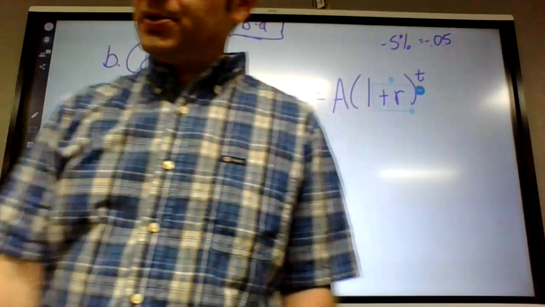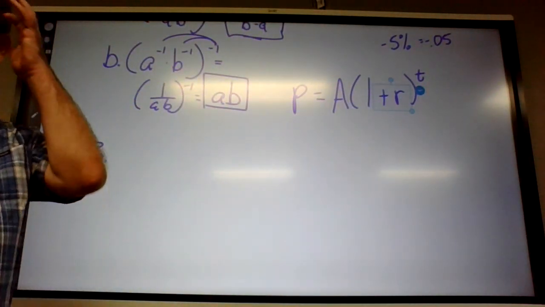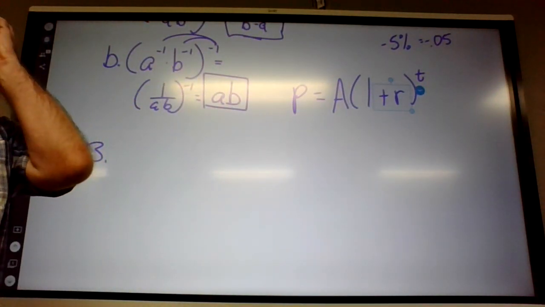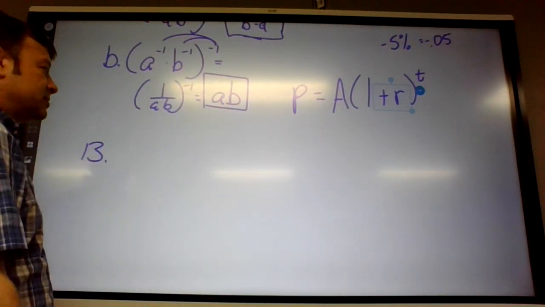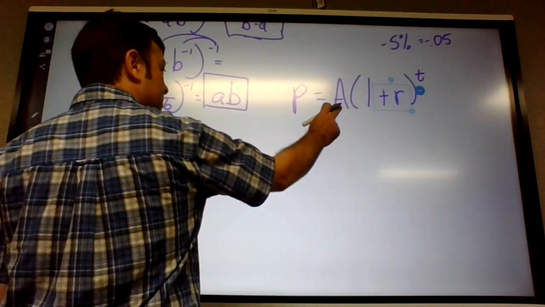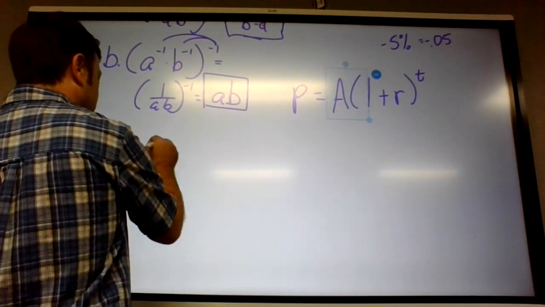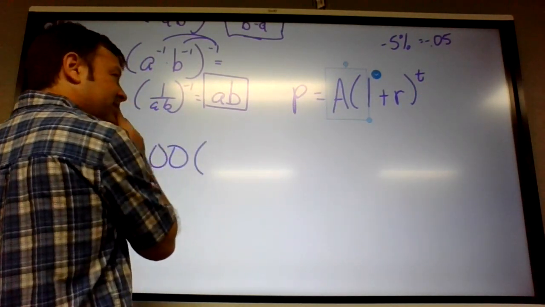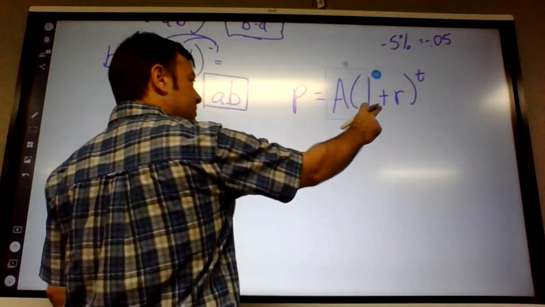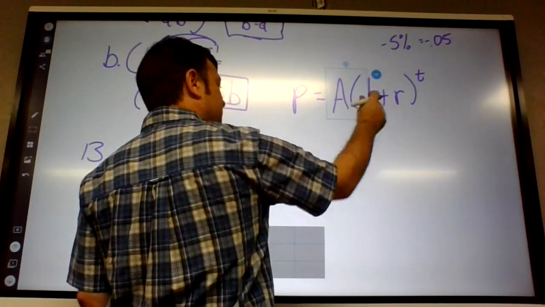Okay, so on 13, the airplane ticket now is $300. So where's $300 going to go? The front, and it's supposed to increase by 15%. What's 15% as a decimal?